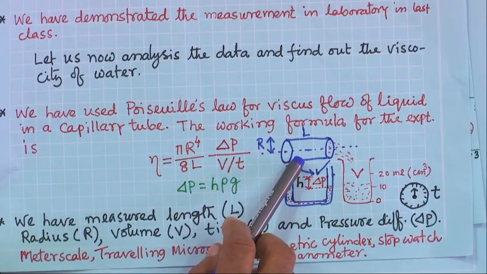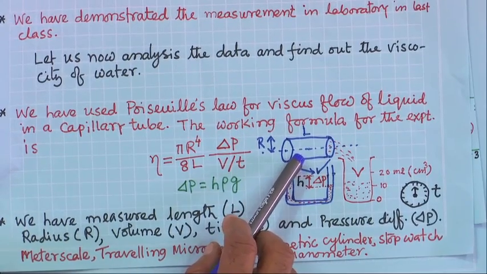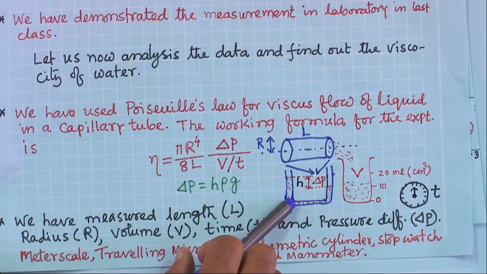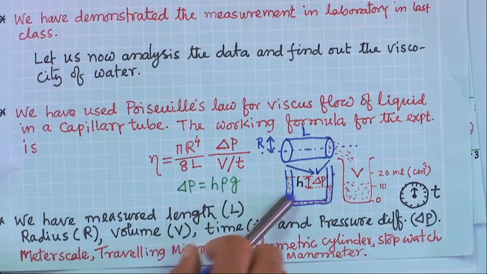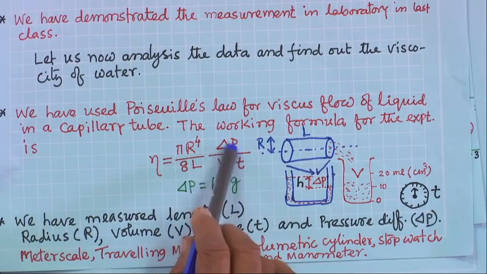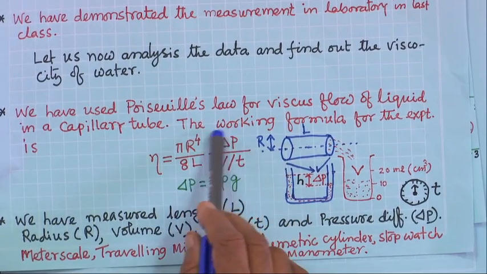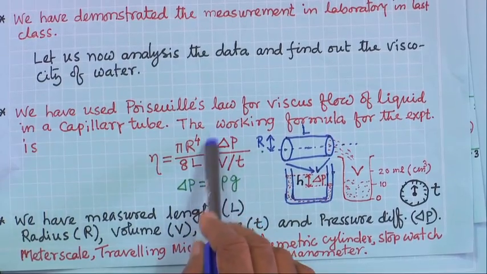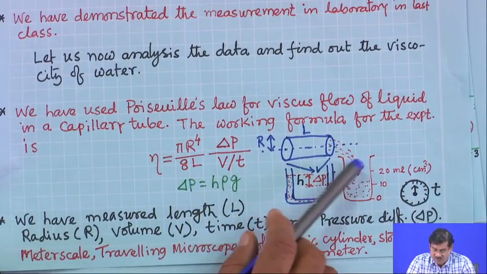If you plot this graph, then from that graph we will get the slope. We can then use the slope in this calculation, replacing this term by the slope.